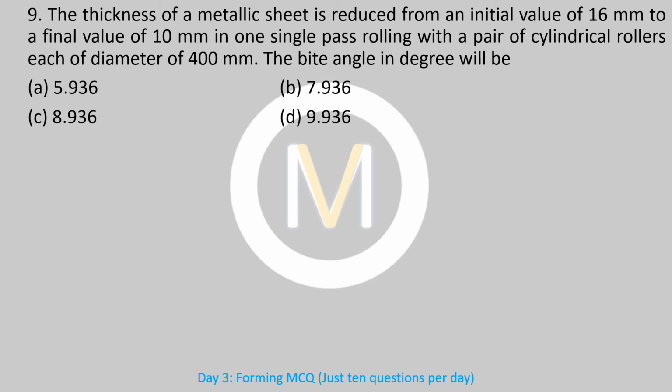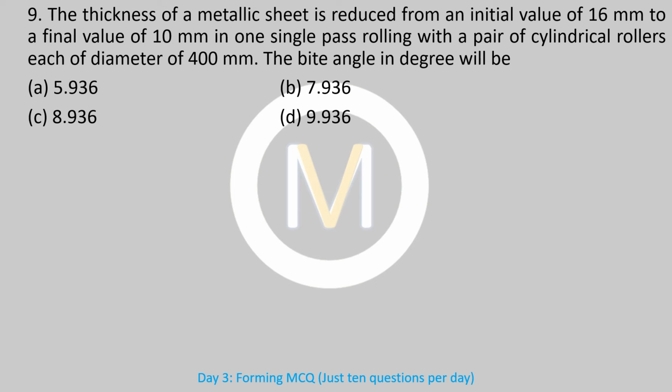Next, the thickness of a metallic sheet is reduced from an initial value of 16 mm to a final value of 10 mm in a single pass rolling with a pair of cylindrical rollers, each of diameter 400 mm. What will the bite angle in degrees be? The bite angle you can relate with the frictional force.